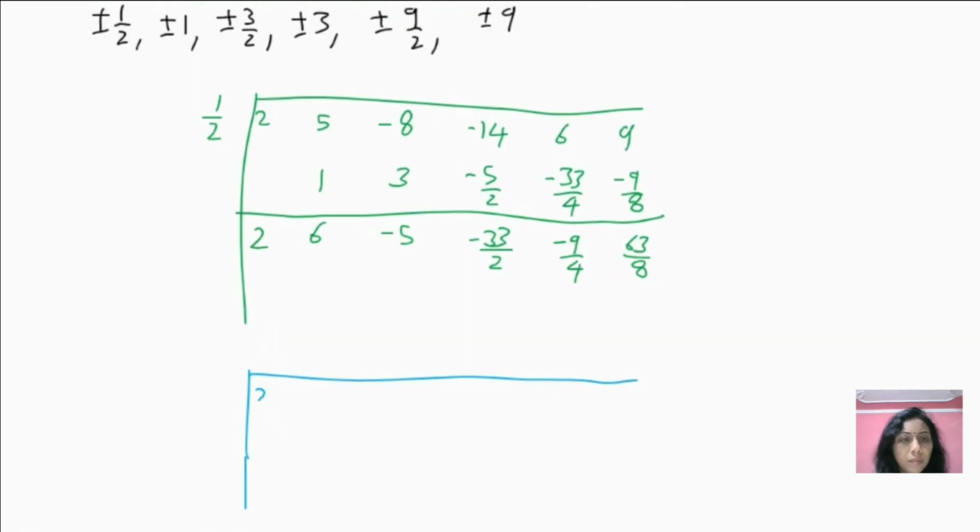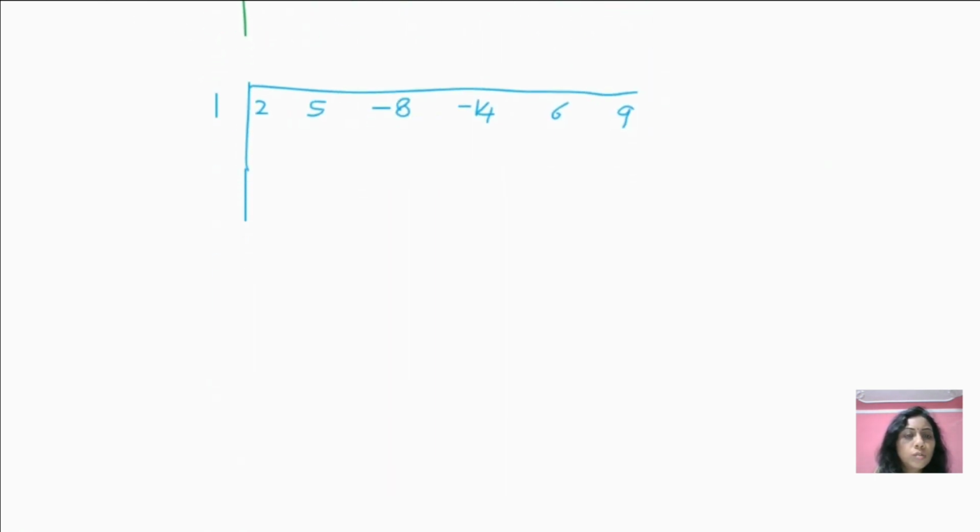Here we can write the same 2, 5, minus 8, minus 14, 6 and 9, and now divide by 1. So bring down 2. 2 times 1 is 2. This is 7. 7 times 1 is 7, minus 1.